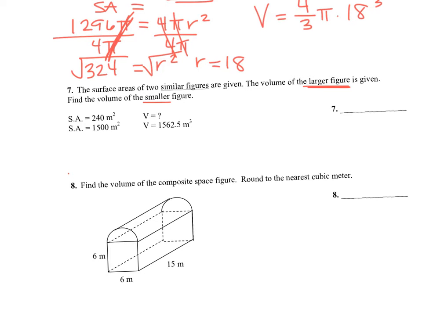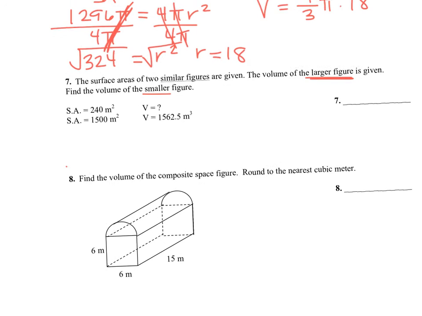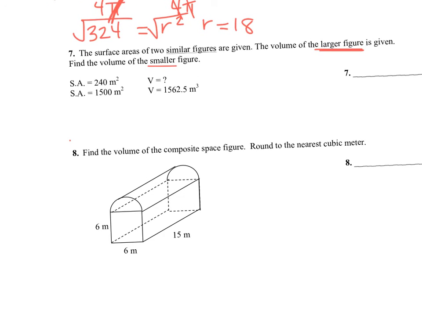Do you remember what you have to do with it? Right. Okay, so 240 over 1,500 is our surface area ratio, right? What's the first thing you should do with that? Reduce it, okay? Which is what?